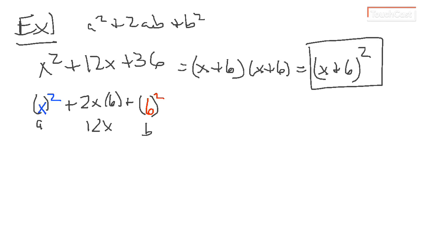Let's look at another example. We'll call this example 2. Let's look at 4x squared minus 12x plus 9. So I ask myself, is there a way that I can write this whole expression like the formula?